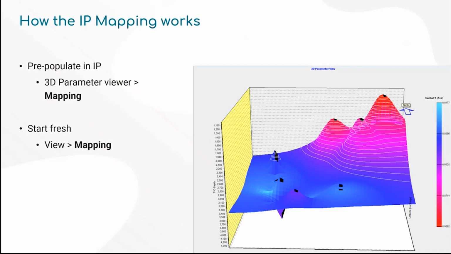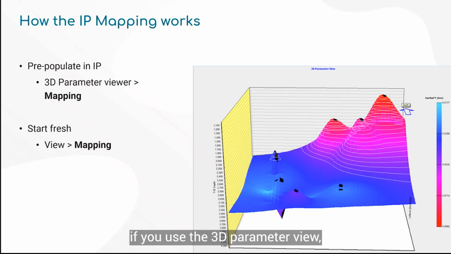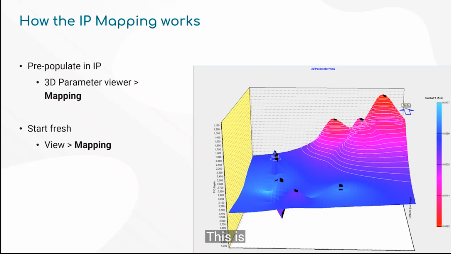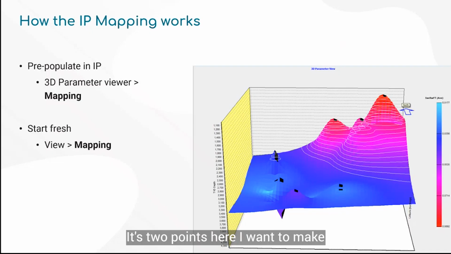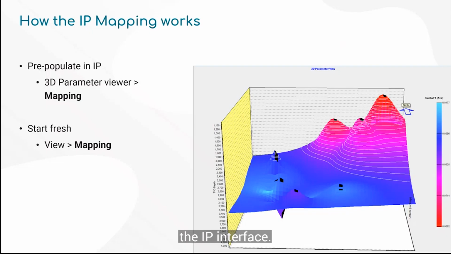Okay. So how does the mapping work? In IP, hopefully you recognize, if you use the 3D parameter viewer, you'll recognize that picture on the right-hand side. There are 2 points I want to make: there are 2 ways to get to the mapping from the IP interface.